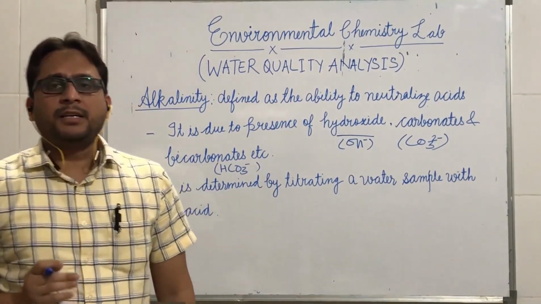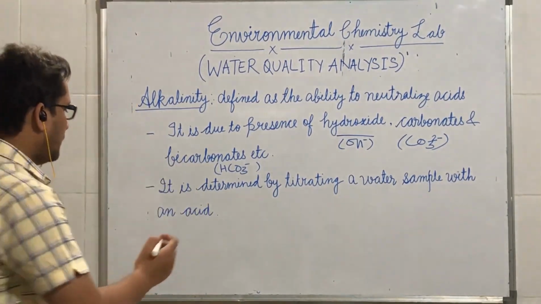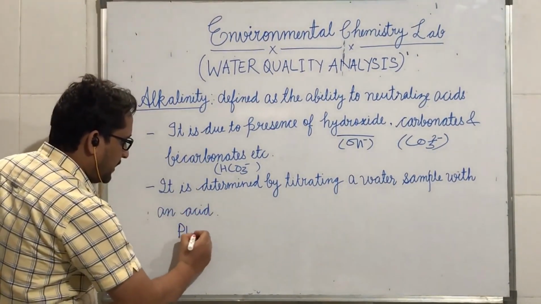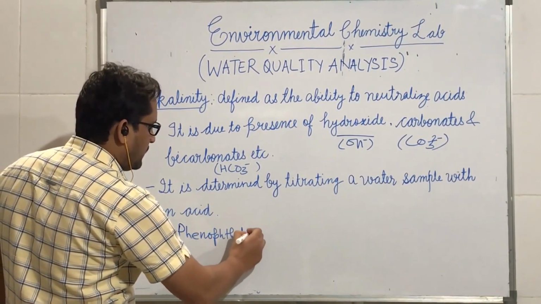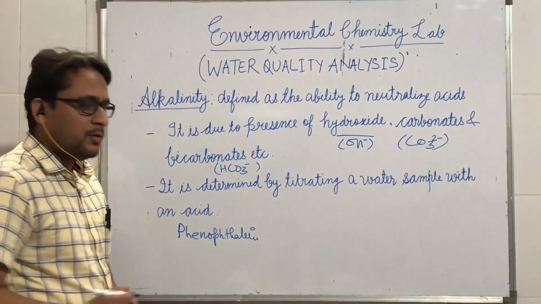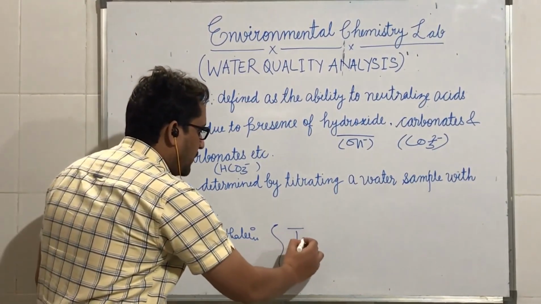It is basically divided into two categories. One is known as phenolphthalein alkalinity, while the other is known as total alkalinity.